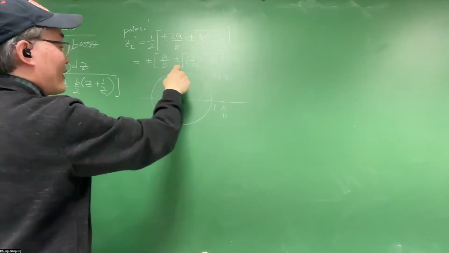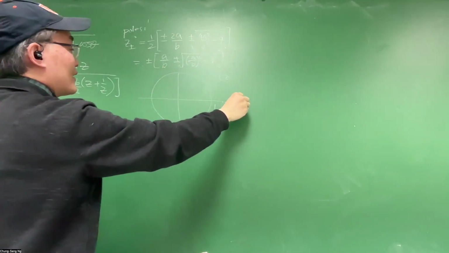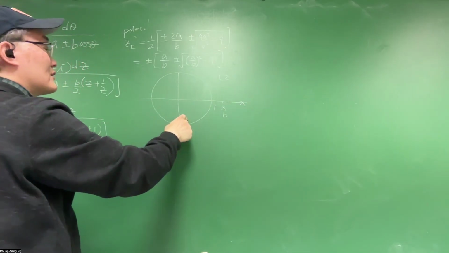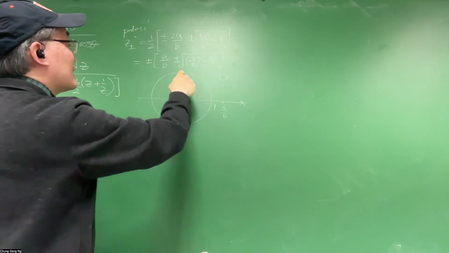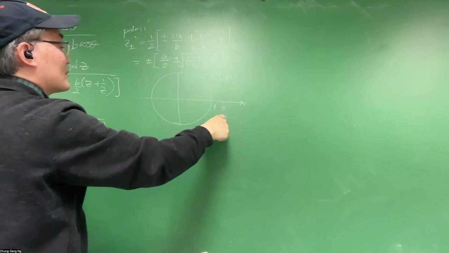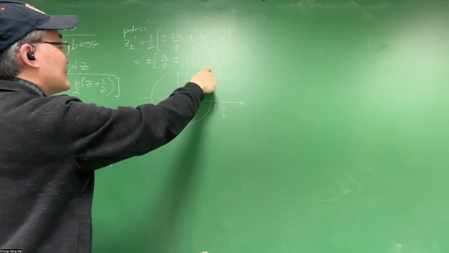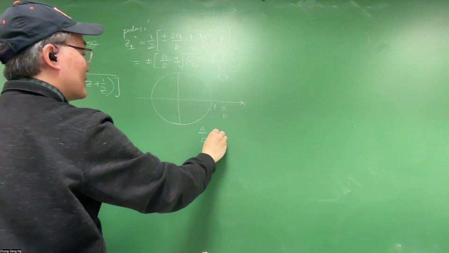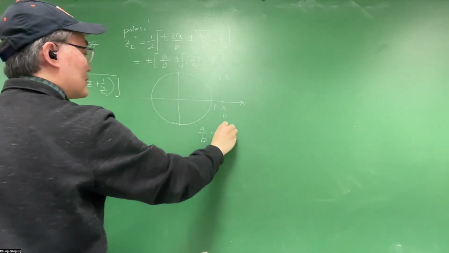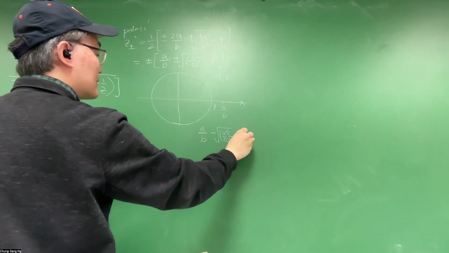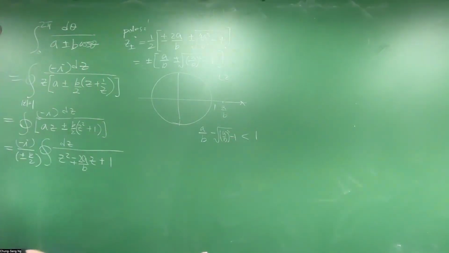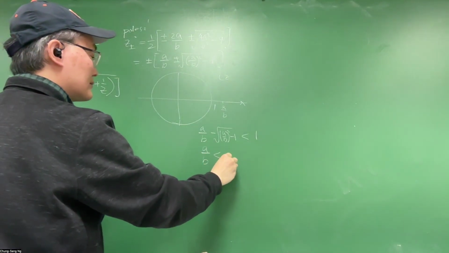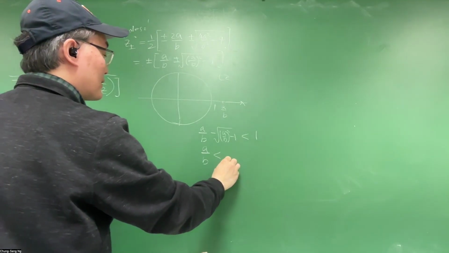So obviously, if a and b are positive, you add positive. One is over here, that is outside of this circle. The other is you minus something. So minus something, minus 1. So you want to see whether a over b minus the square root of (a over b) squared minus 1 is less than 1.